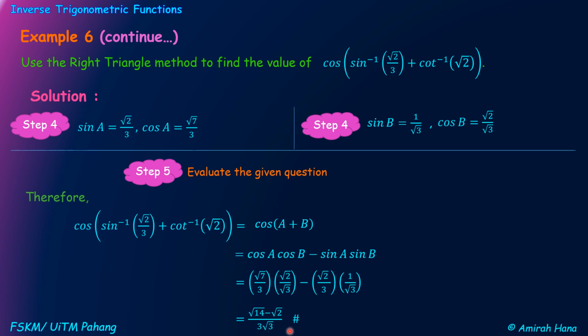So this is the final answer, which equals (√14 minus √2) over 3√3. This is the answer when we solve without using a calculator.